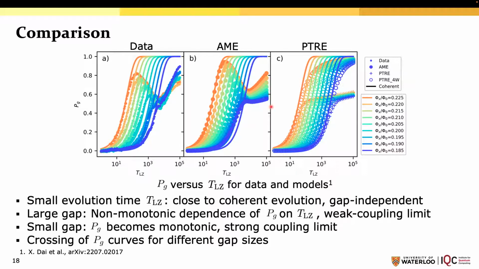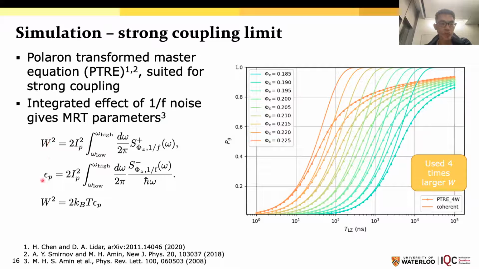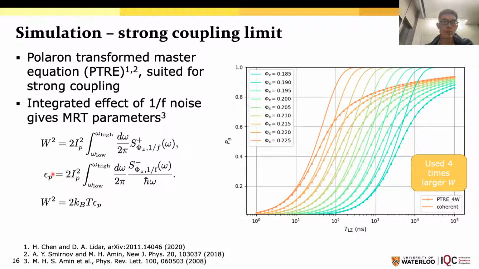In the PTRE, the strong coupling model, the low frequency part, which is a 1/f part, that PSD gets integrated into two parameters, which are this W and epsilon P. This MRT width and the reorganization energy. So the PTRE has the ohmic high frequency noise part, but the low frequency part is just described by these two parameters.